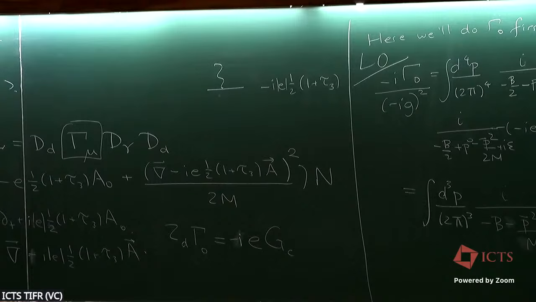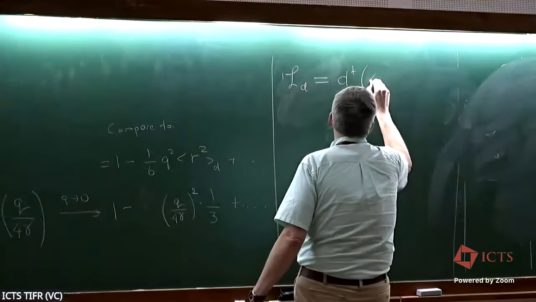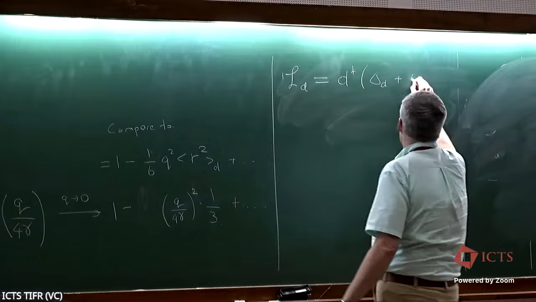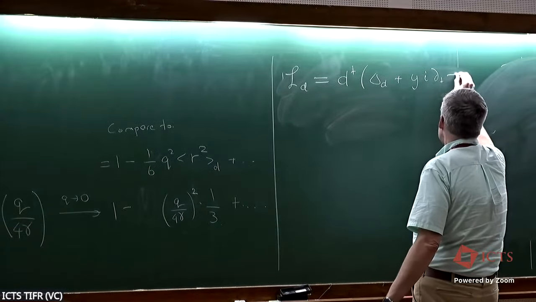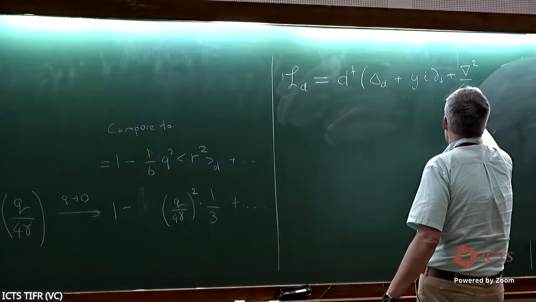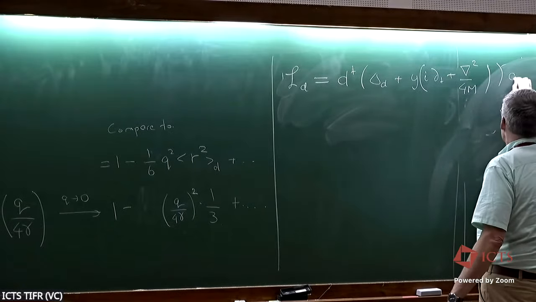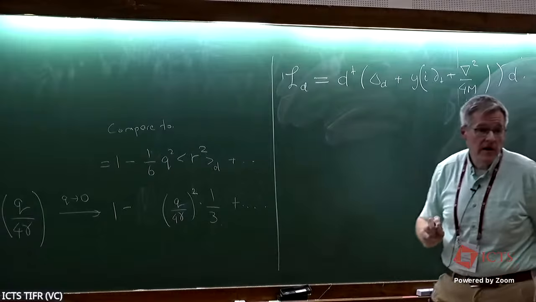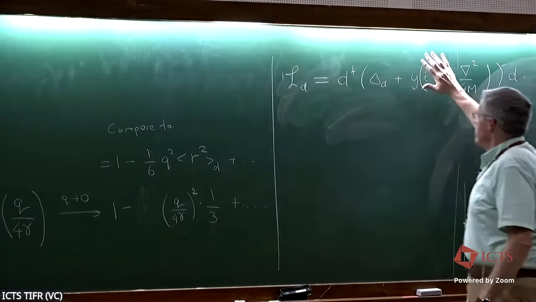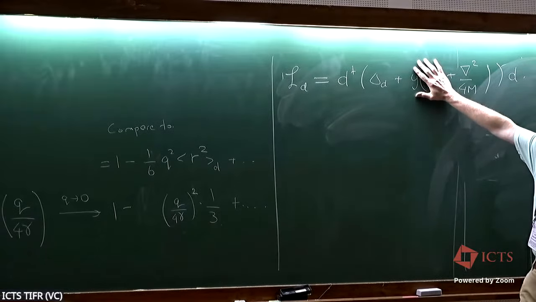Excellent question, right? So if we look at the dimer Lagrangian, once it was dynamical, it looks like this. If the dimer is not dynamical, then we don't have to worry about minimal substitution on the dimer Lagrangian.